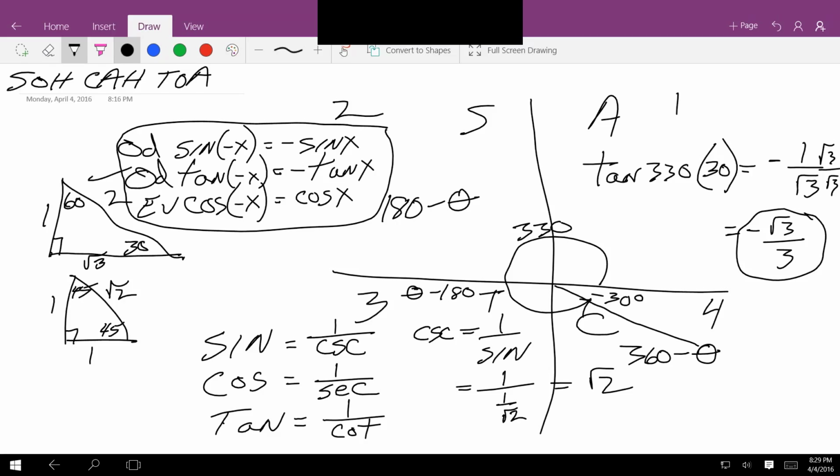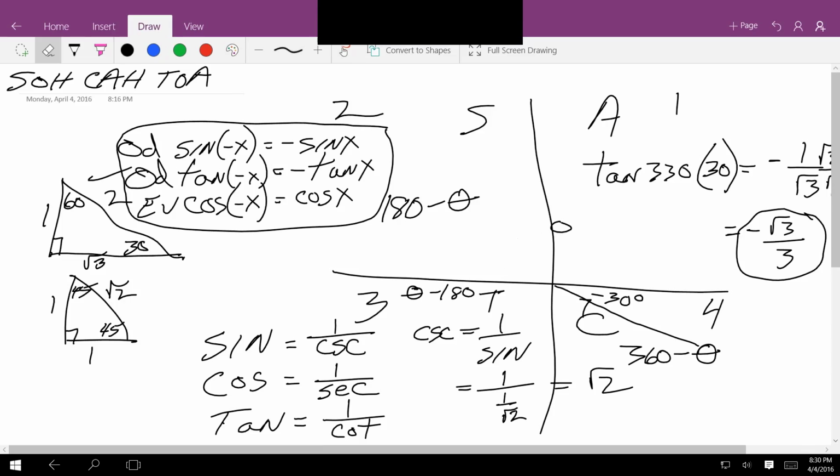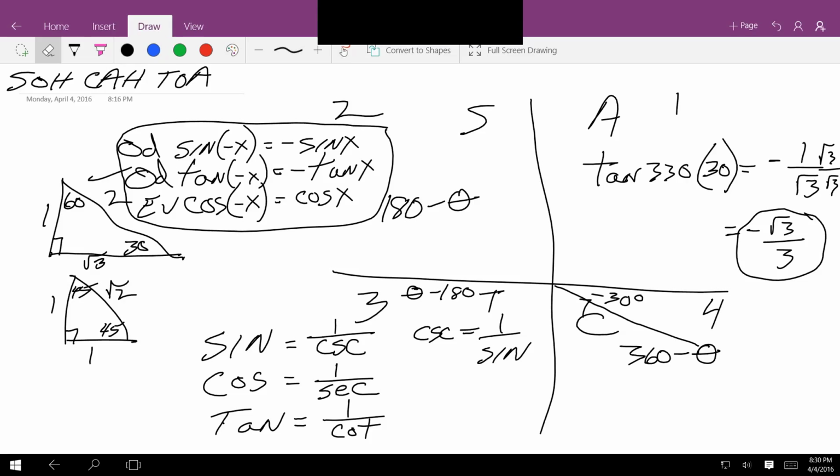I don't really want to erase anything on here, so I'll continue to write. Well, I want to erase that because that was the hard way to do that problem. And let me erase some of this, make some room.